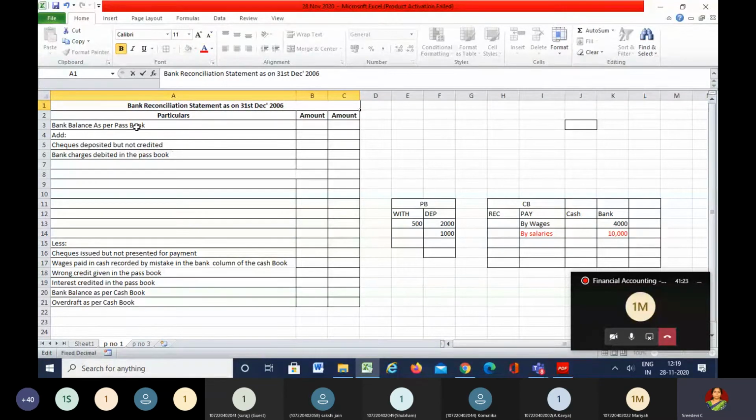And here this is overdraft as per the cash book. And the amount of the OD here is 50,000. So first we have cash book, then followed by the passbook.